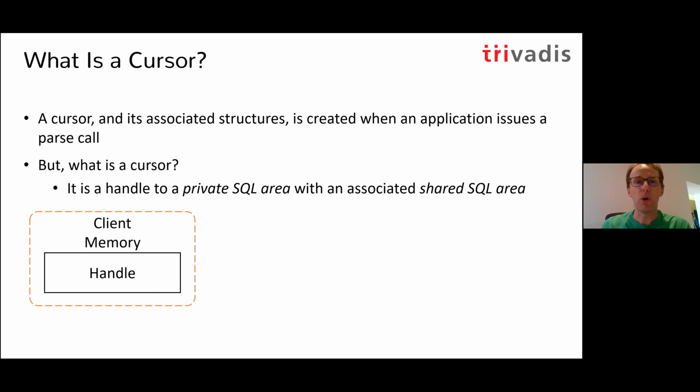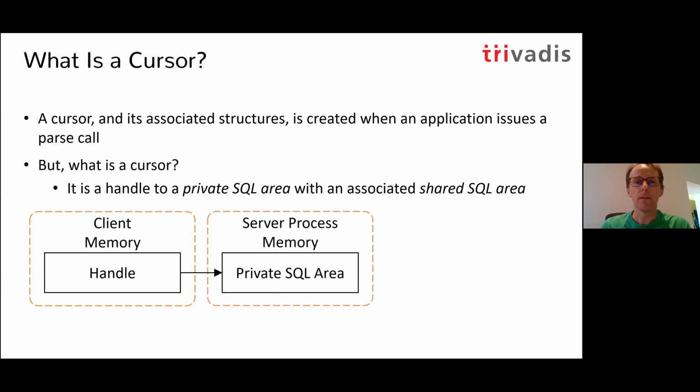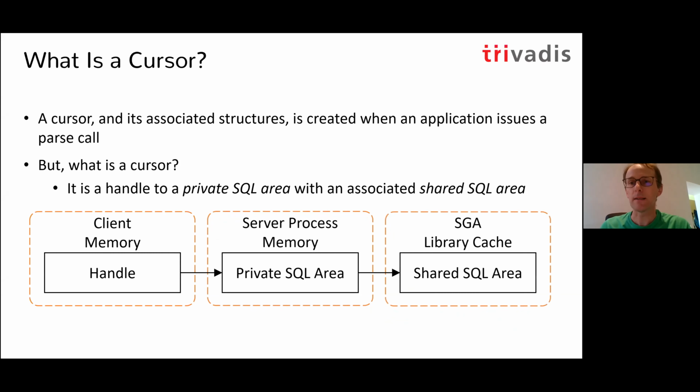So the handle points to the private SQL area, which is in the server process. At one specific time, one server process is used only by one client. So the handle gives you access to this private SQL area. And in turn, the private SQL area gives you access to the shared SQL area, which is the part which is stored in the SGA.